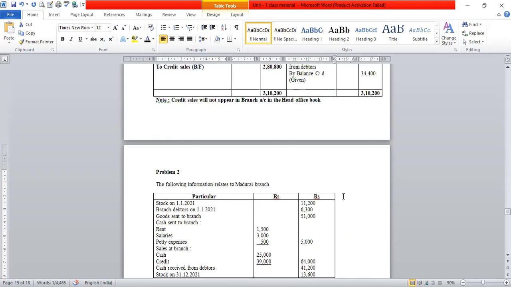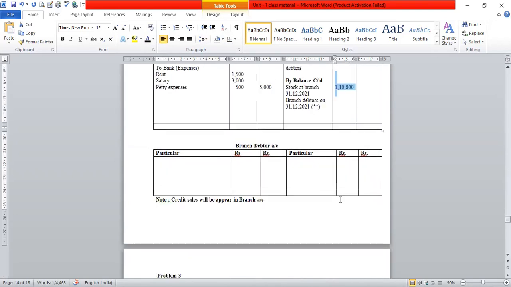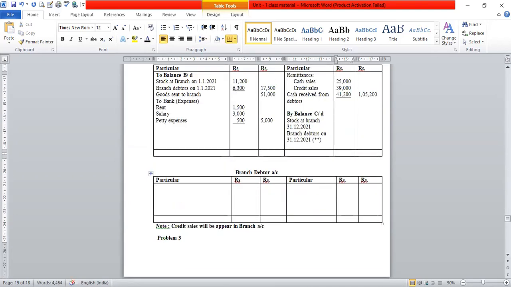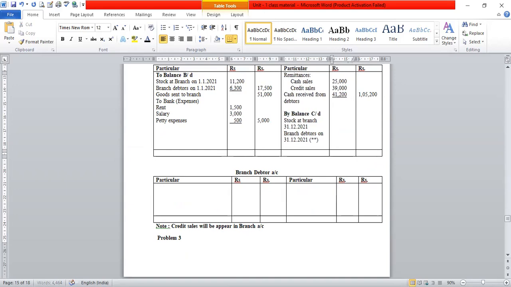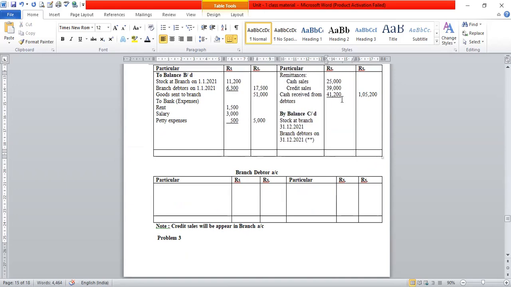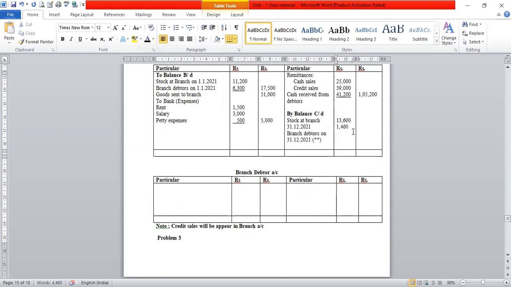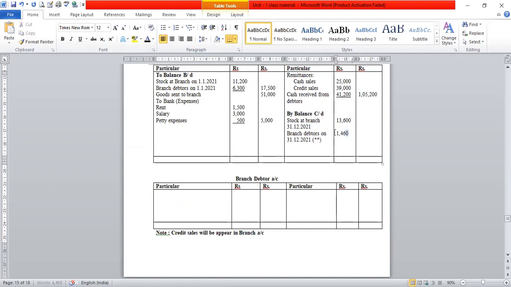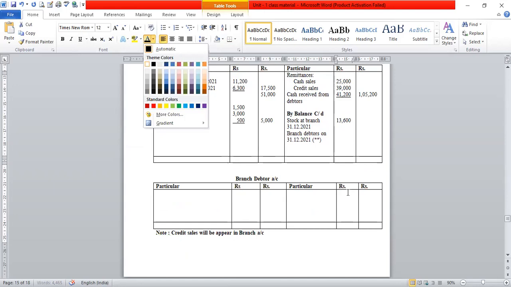One second. Yeah, it was mistakenly noted. So here it is 13,600. Okay, so this is 13,600. We have noted it here. So now we calculate what is missing, and then I will highlight it.